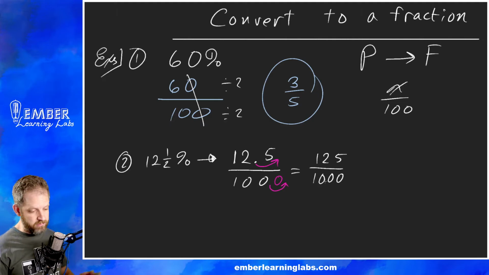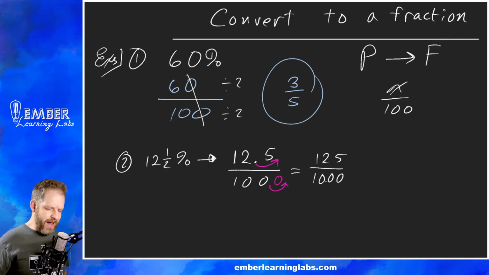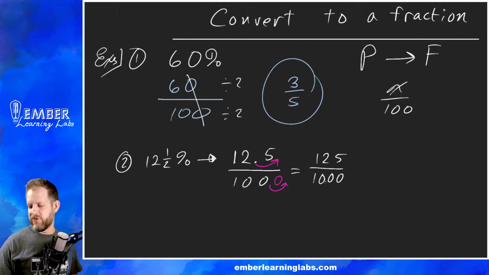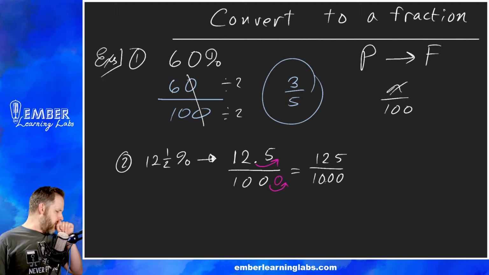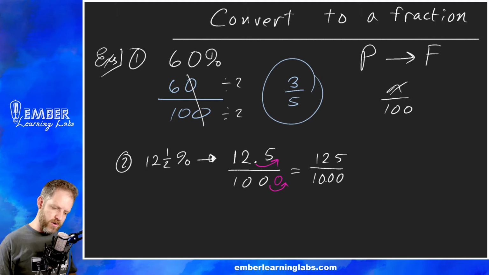Now, we actually can reduce all the way by 125 on this one, but we're going to pretend like you don't see that, right? So we're going to divide by 25, because you can probably see that. We've got the 25 at the end, we've got the whole quarter thing going on, so we're going to divide the top and bottom by 25.